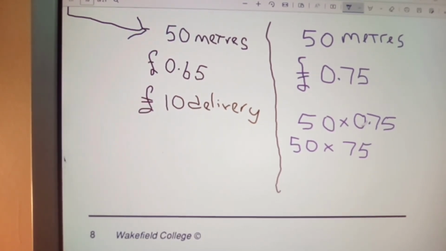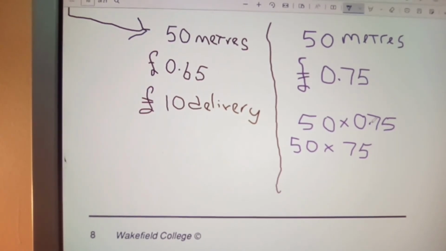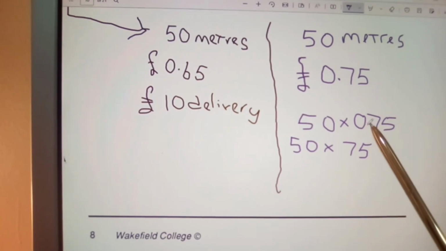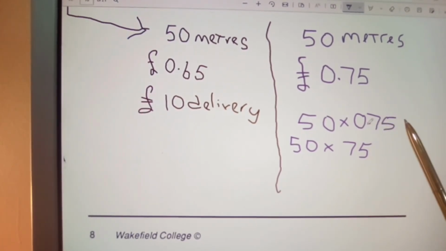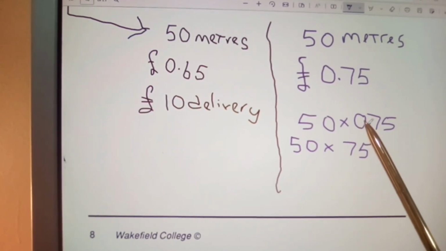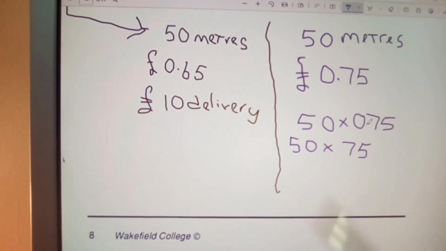Now remember, we get 75 here because we have now moved the decimal point from here, two places to the right. Therefore, that 0 no longer has any purpose there, so it comes to 75.